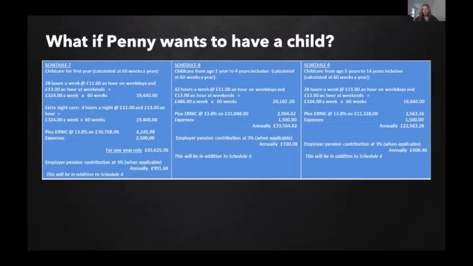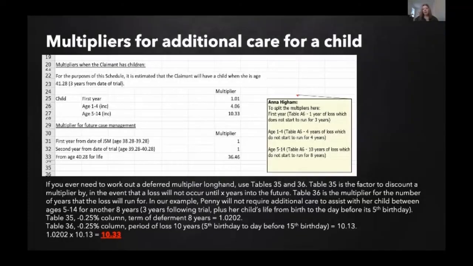Now, in order to plead this part of Penny's claim, you are going to have to split some more multipliers, and I have written the methodology onto this next slide. If you want to take some more time over it, pause the webinar here and have a read through.